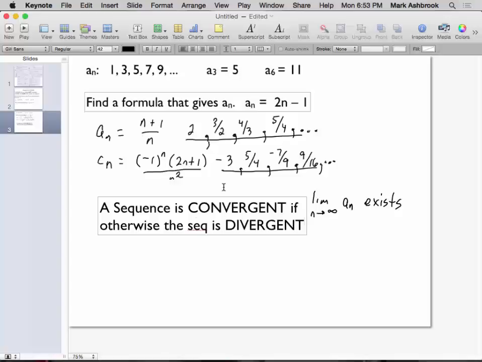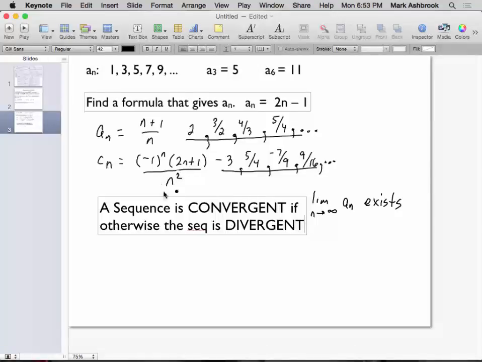What about this one? -3, 5/4, -7/9, 9/16. So let's look at what's happening here. The numerator is 2n plus 1, and the denominator is n squared. And it alternates, yes. But what will happen for really, really big values of n?